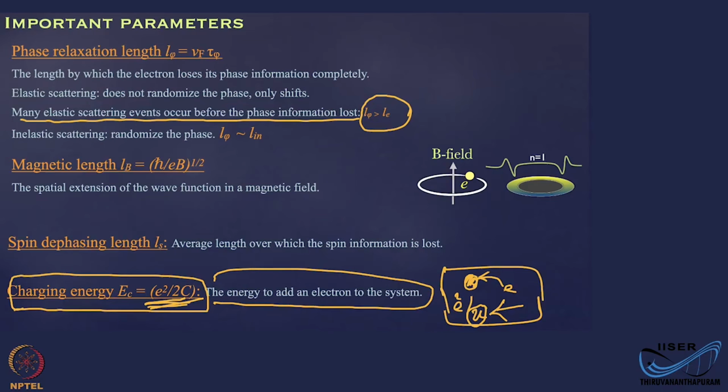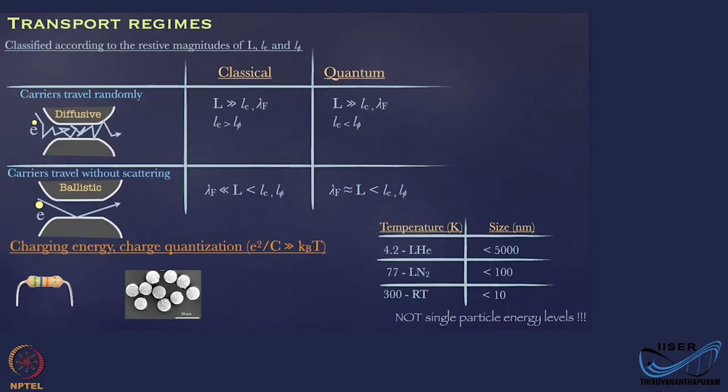All right. Now we have discussed most of the important parameters which define the transport mechanism. And the transport mechanism is classified as diffusive and ballistic.